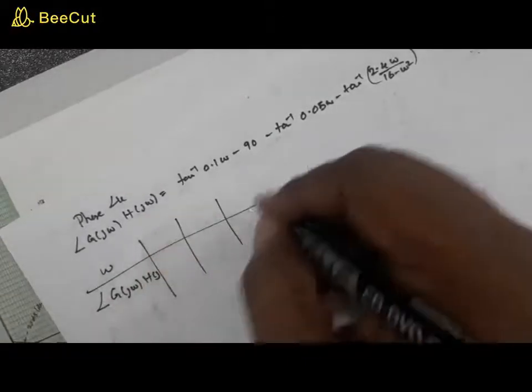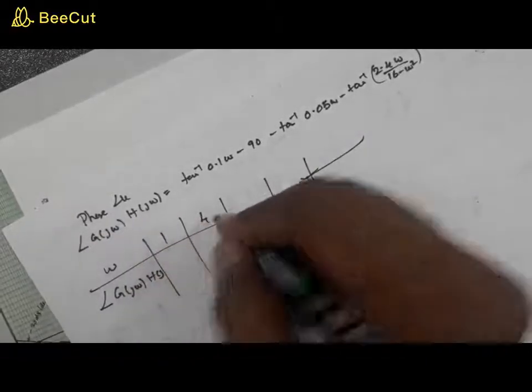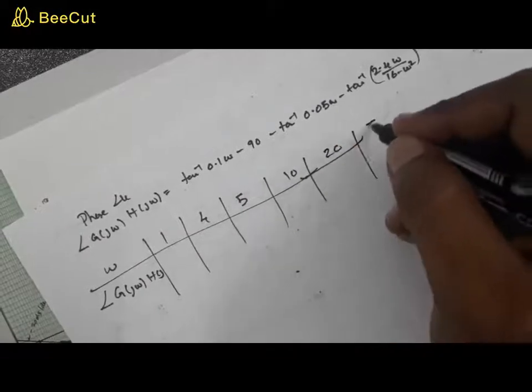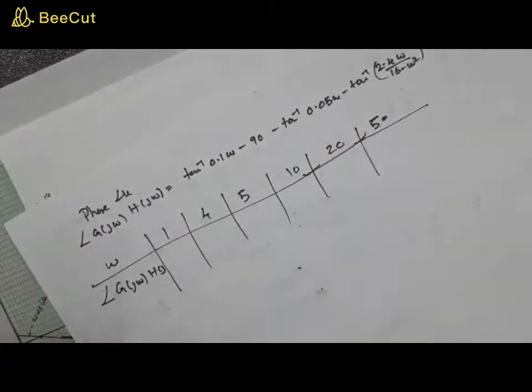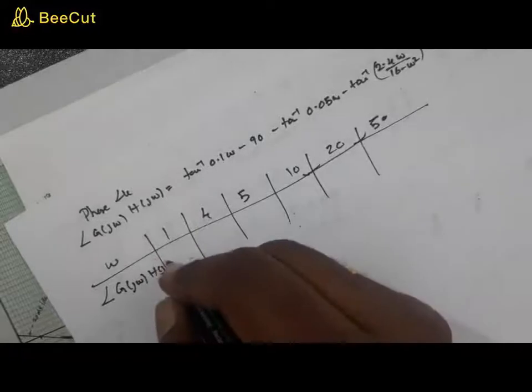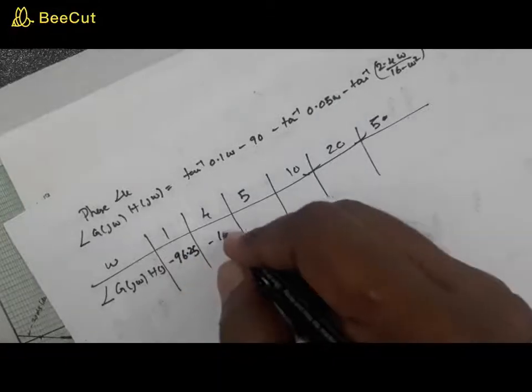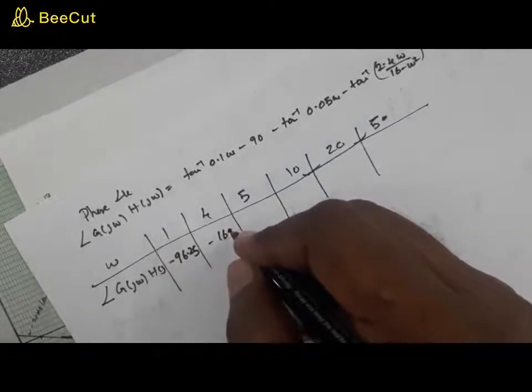To find out some values for these omegas, say put 1, 4, 5, 10, 20 and 50. Okay, so when you plot this, you will be getting a value like 96.25. This is minus 169. Okay, you may do it by yourself.